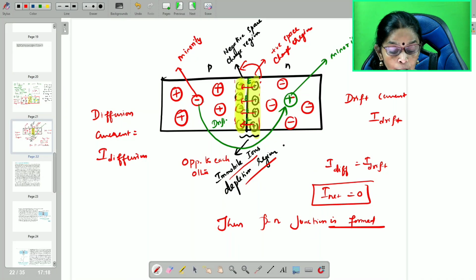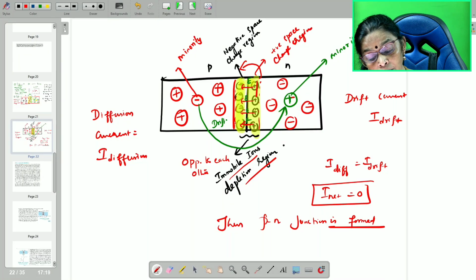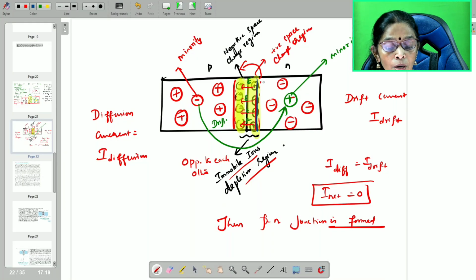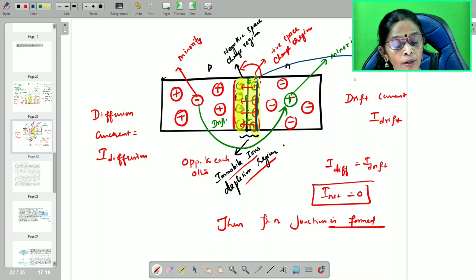The electric field pulls it, no. So once it becomes a barrier here, since it becomes a barrier over here, there is a potential created because of the distance, because of the electric field. That potential created, you call it as potential barrier.